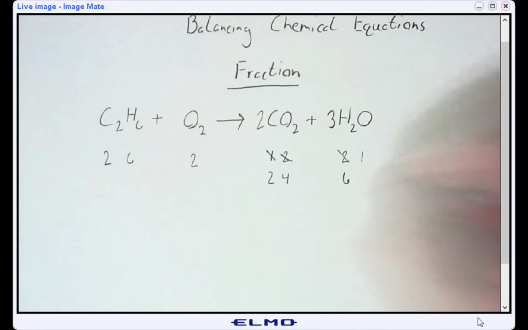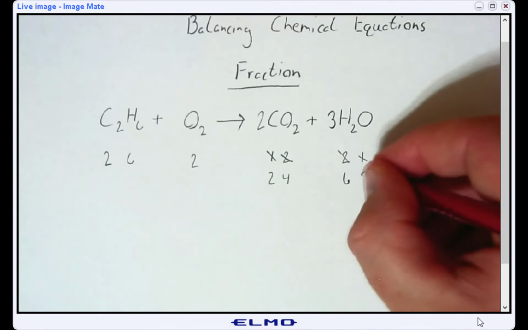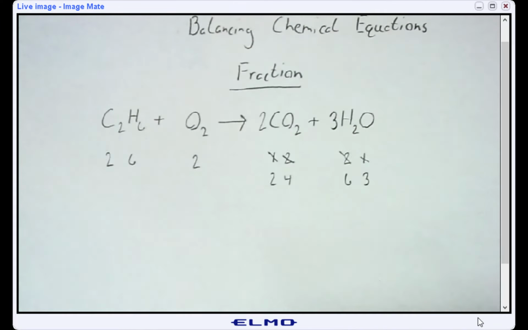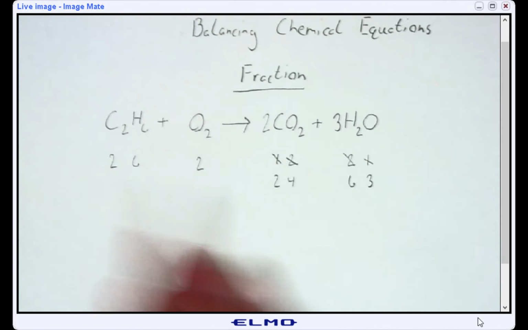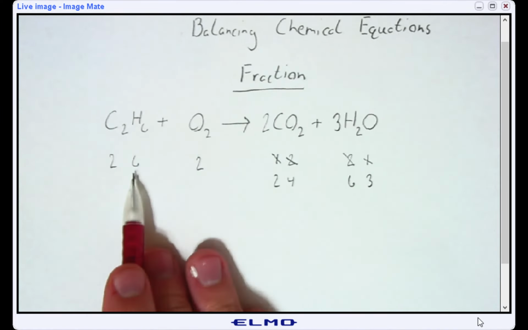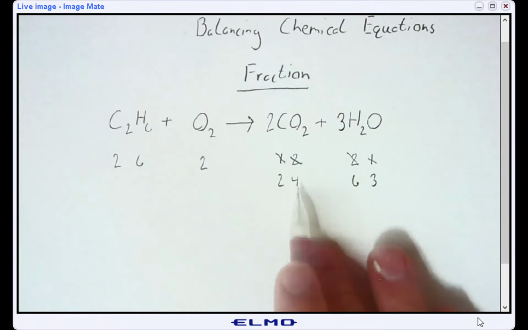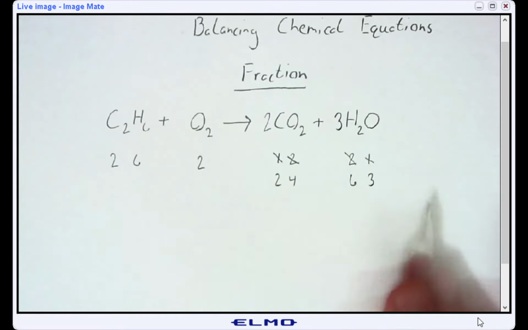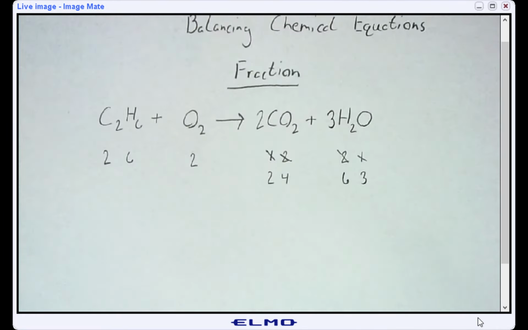That matches the hydrogens. And 3 times 1 is 3. All right, nothing too fancy. 2 carbons, 2 carbons, 6 hydrogens, 6 hydrogens, 2 oxygens, 4 plus 3, you got to count them both on this side, is 7. All right, so now we kind of have a problem here.